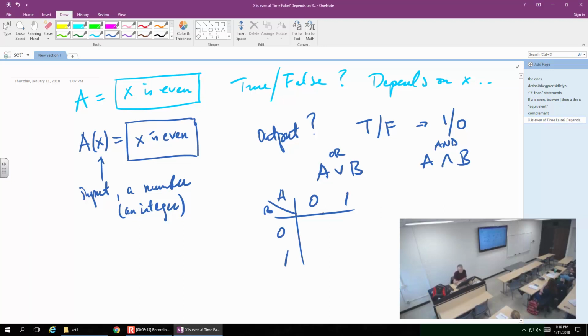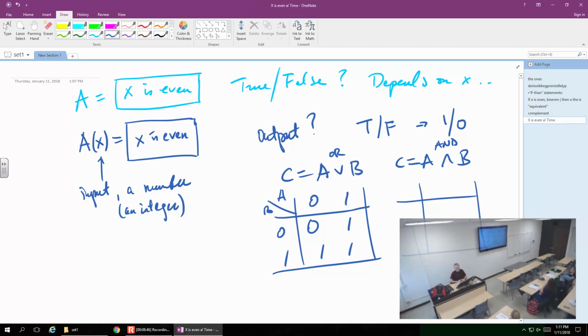So when both are false, what about or? This is say C. So what are the answers here? 0 or 0 gives me 0, 0 or 1 gives 1, 1 or 0 gives 1, and 1 or 1 gives 1. That is a truth table expressed with numbers, and you can probably try to guess what kind of algebra we have behind it.